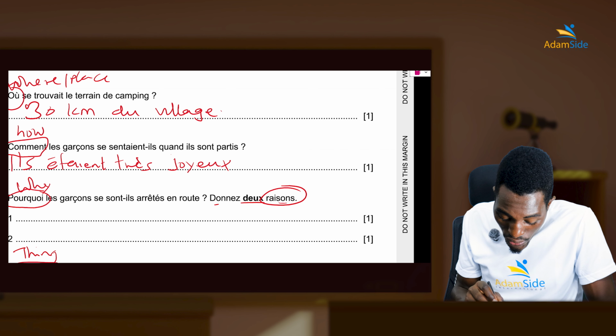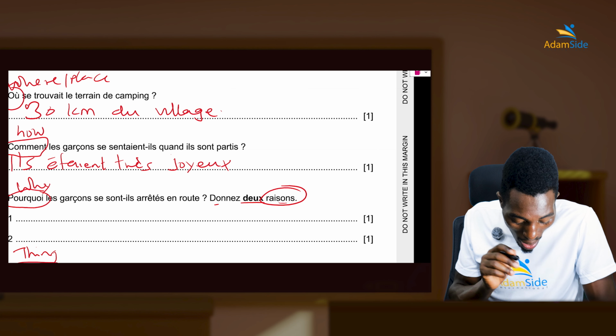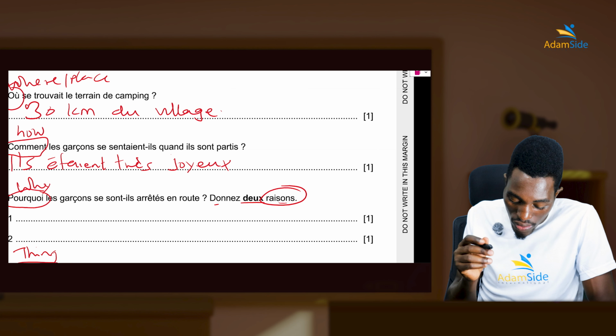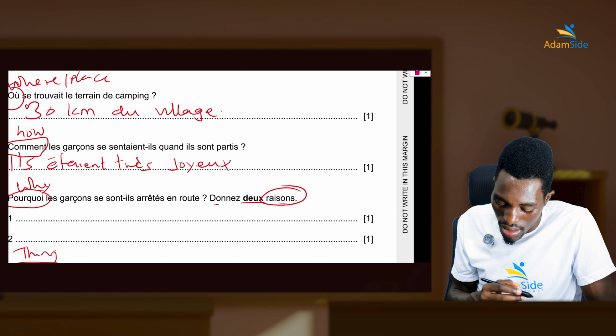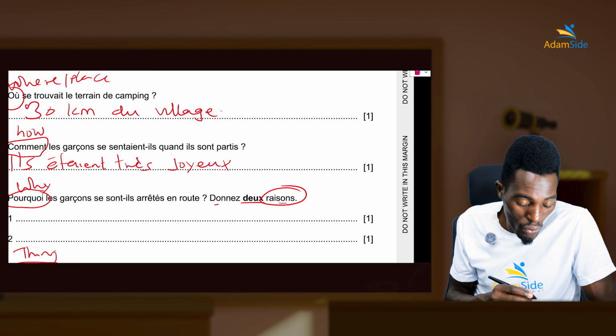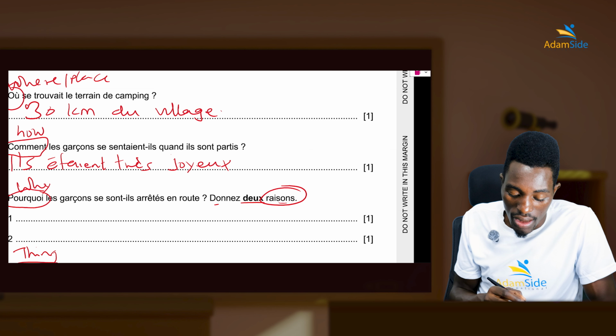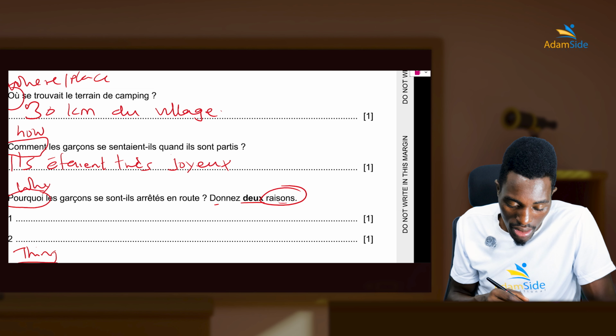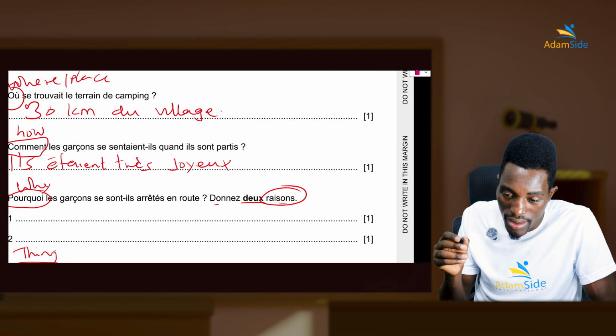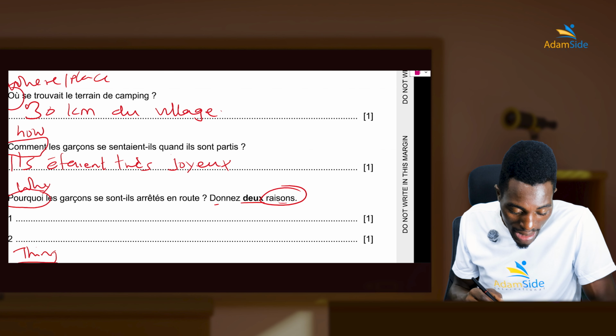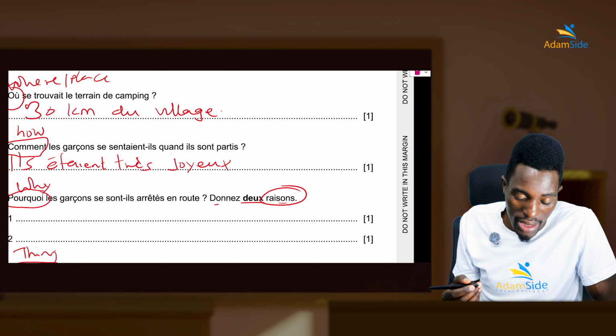Pourquoi les garçons se sont-ils arrêtés en route? Why did the boys stop on the road? Why? Give 2 reasons. So we have to get the reasons that made the boys stop on the road. If I go to the text, I will get an answer.